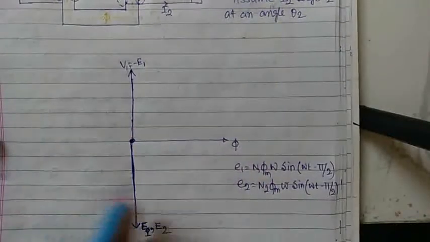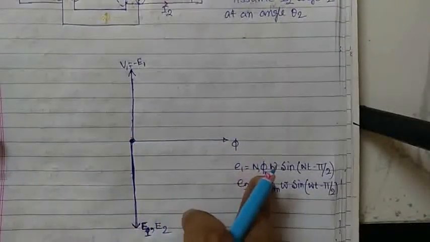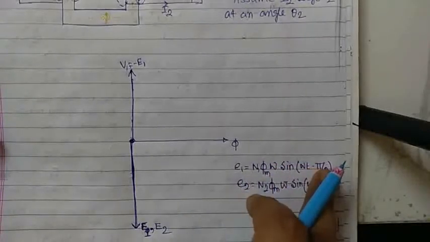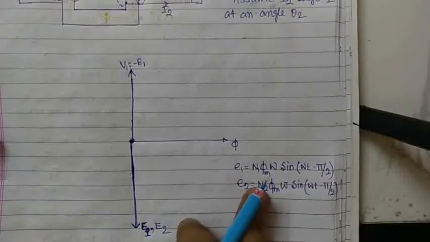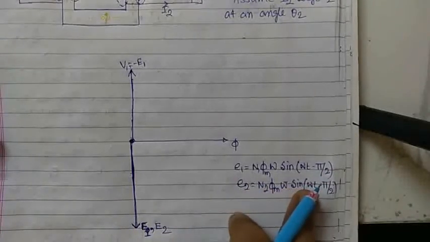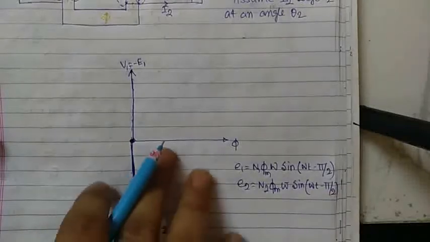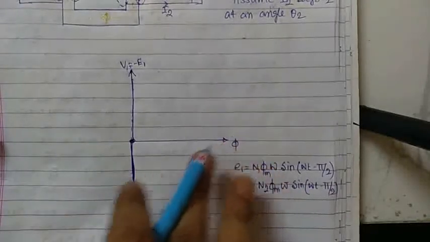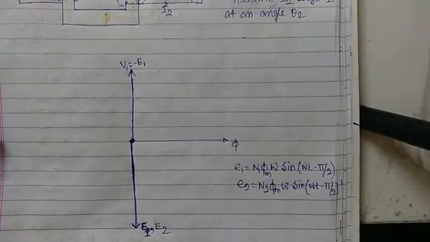As you know, E1 equals N1 phi m omega sin(omega t minus pi by 2), and E2 equals N2 phi m omega sin(omega t minus pi by 2). So E1 and E2 must lag from phi at an angle of 90 degrees.